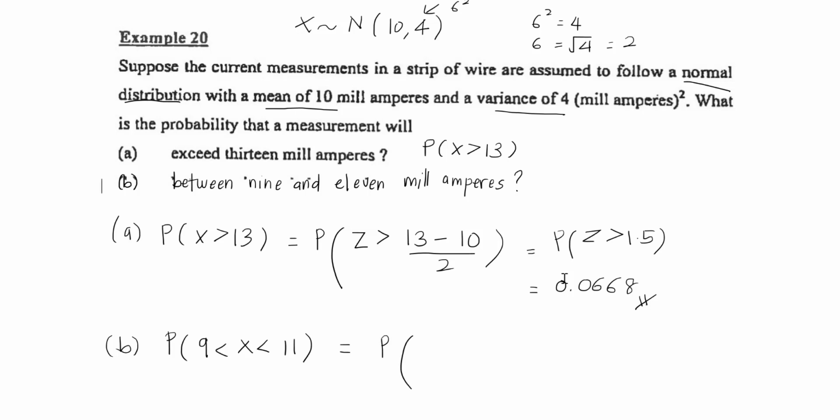We have X, we standardize, then we get Z. So we have 9 minus our mu, which is 10, and again our standard deviation is 2, and 11 minus 10 over 2. Then we have the probability of Z between negative 0.5 and 0.5.